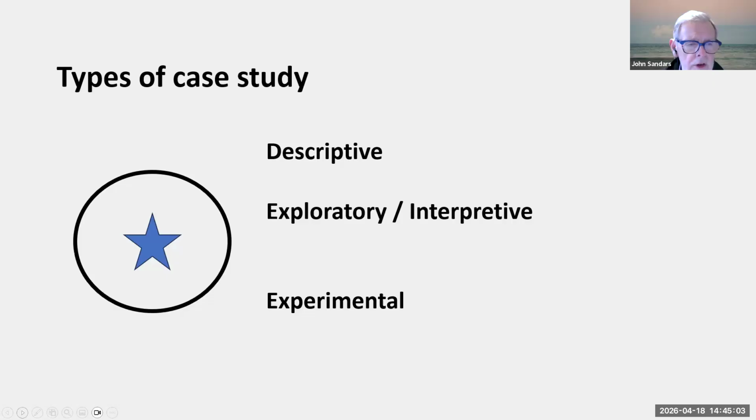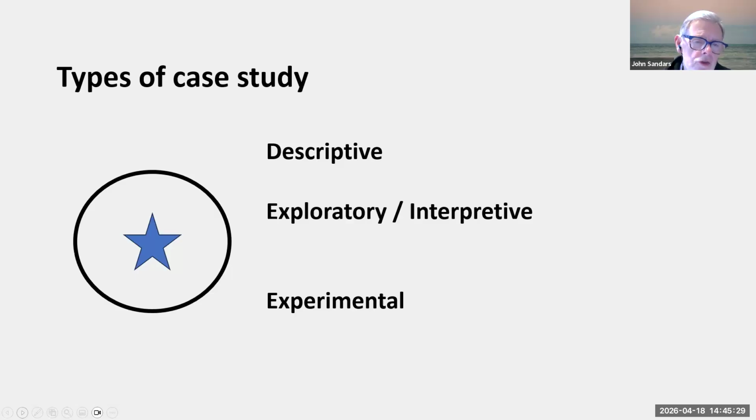Now, if we look at the different types of case study, they can be purely descriptive. That's what Herodotus did. So you're just describing what you found. This is a bit like the case studies that we have as clinicians, where we just describe a case of somebody with tonsillitis who had a purple nose.